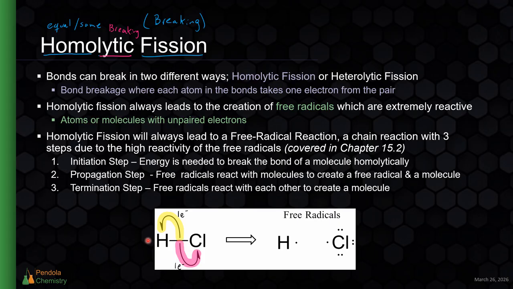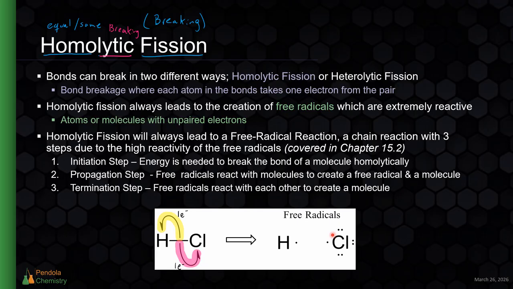Whenever this bond breaks homolytically, we're putting 1 electron on hydrogen and 1 electron on chlorine. Well, that leads to an odd number of valence electrons on these atoms. Hydrogen has 1 valence electron, so that's a free radical. Chlorine has 7 valence electrons, so that's a free radical. So it is an atom or a molecule with an unpaired electron.